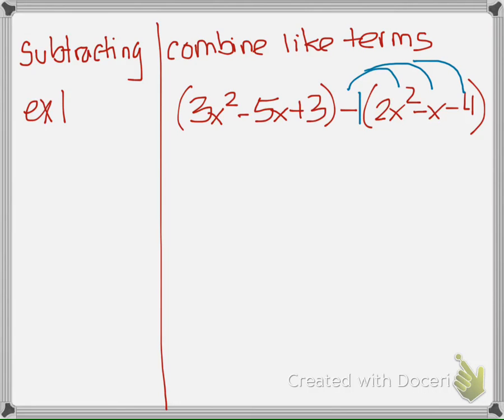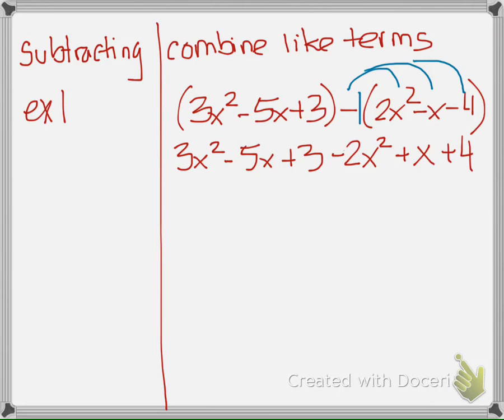You might remember, taste the rainbow. And when I do that, I end up with 3x squared minus 5x plus 3. I'm rewriting the problem. Negative 1 times negative 2x is negative 2x squared. Negative 1 times negative x is positive 1x. And negative 1 times negative 4 is positive 4. Now that I've distributed, all I need to do is proceed with my combining like terms like you did in the previous examples.